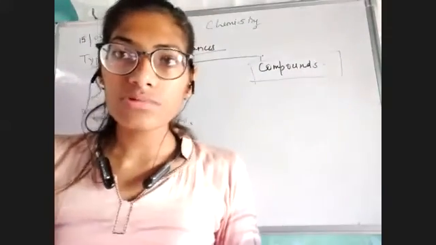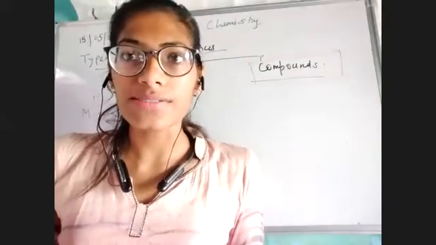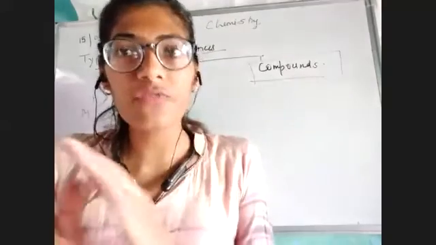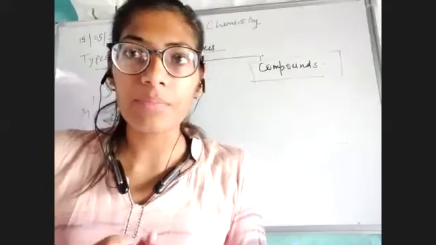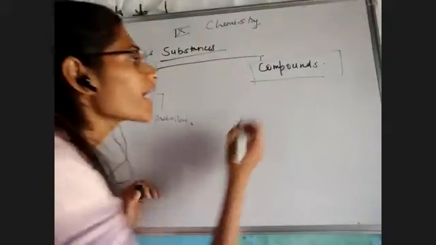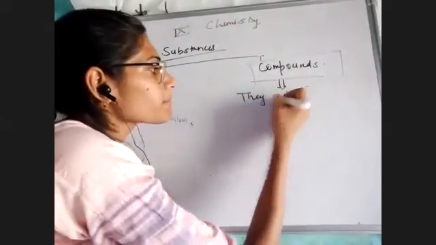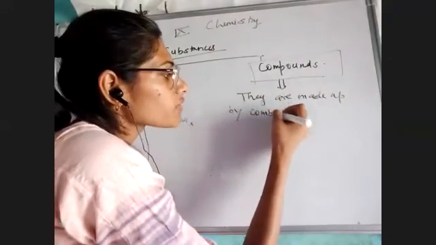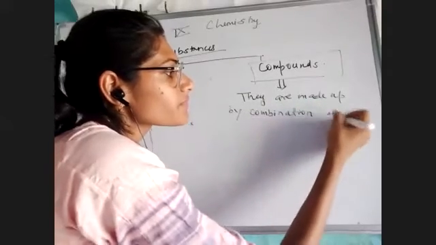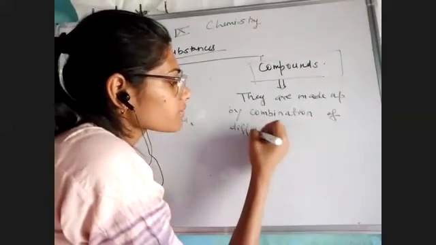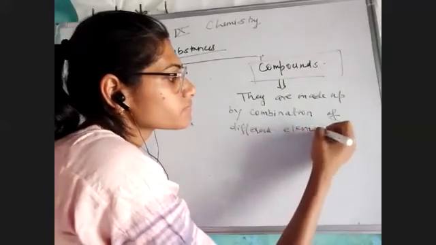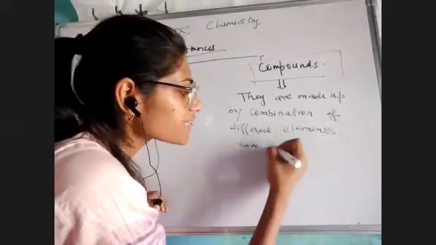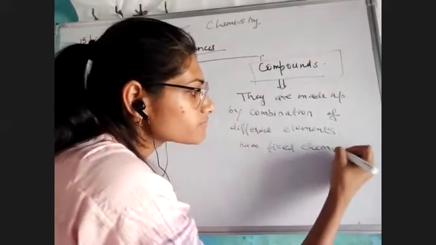Basically, children, compounds are also substances, but the point is they are something which can be made from elements. So if I want to give the exact definition of a compound, I would say they are made up by a combination of different elements, and most importantly, they have a fixed chemical composition.